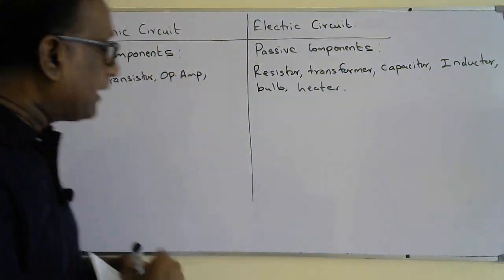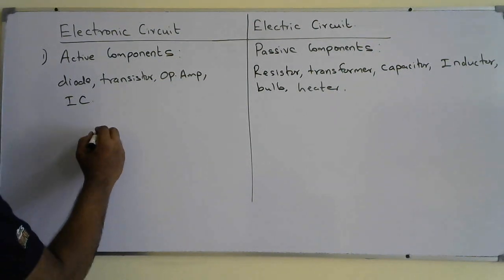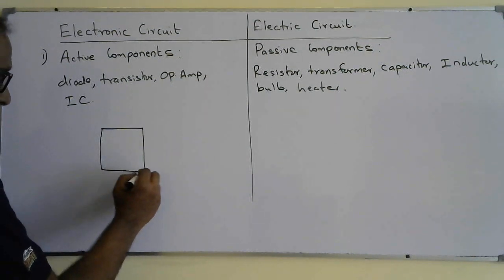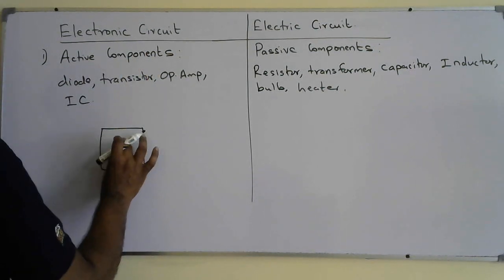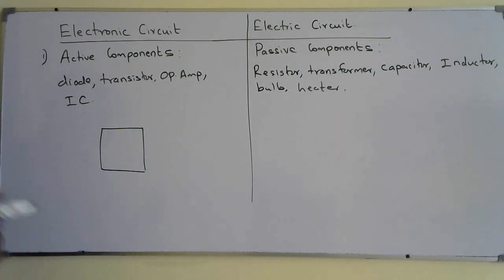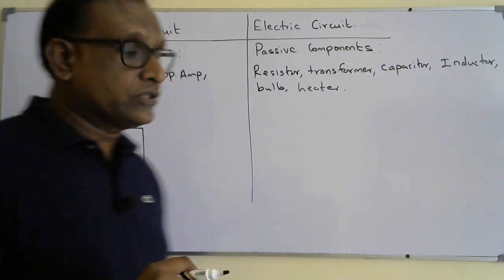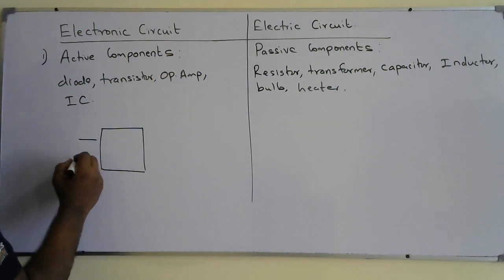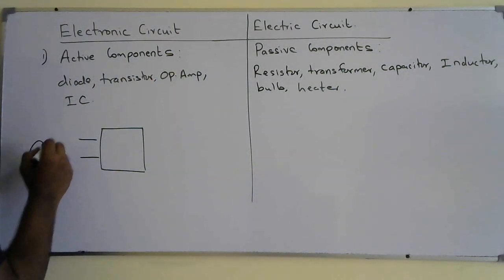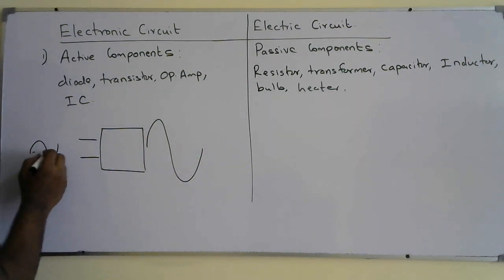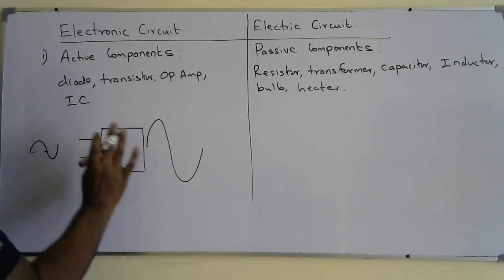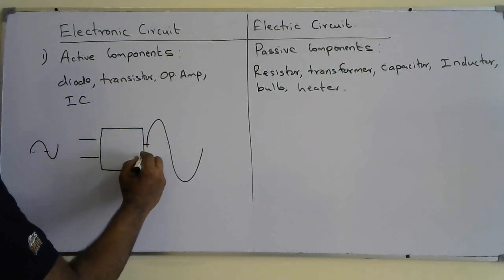I can draw an amplifier like this. It consists of active components, and it is used to amplify an AC signal. The input signal may be something like this, and the output signal is amplified like this. The amplitude has increased. That's the function of this amplifier.